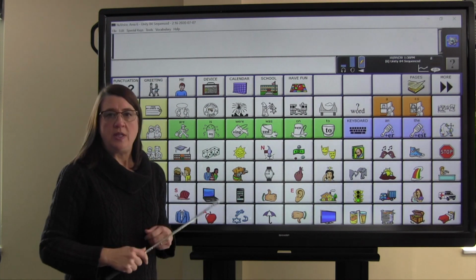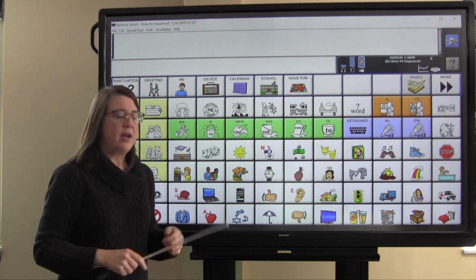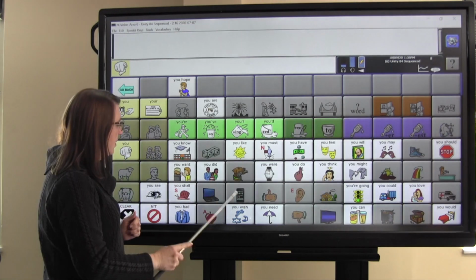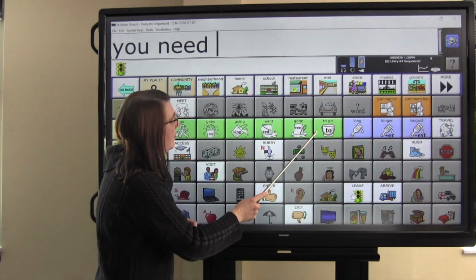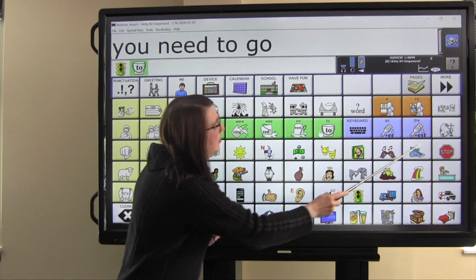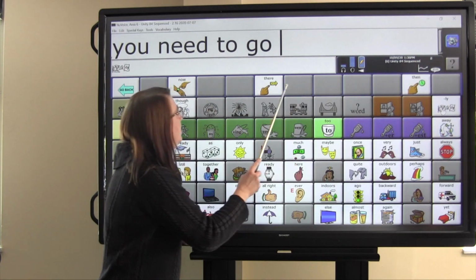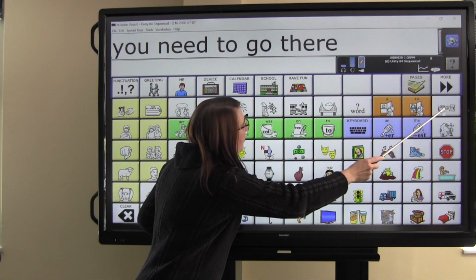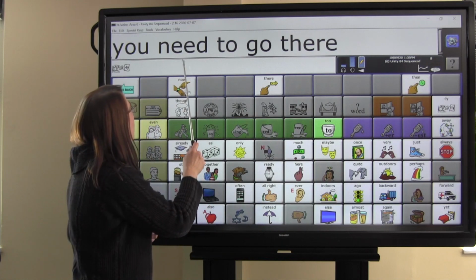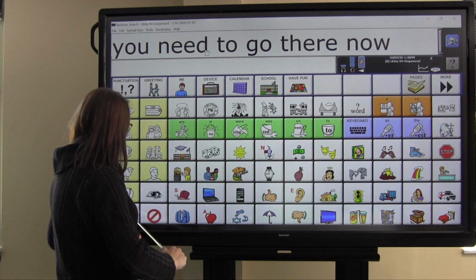Or let's say you need to go there now. You need to go, adverb plus up in our activity row there. Adverb plus activity row, now. You need to go there now.